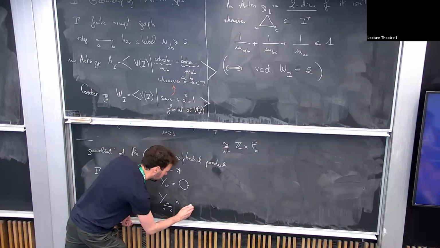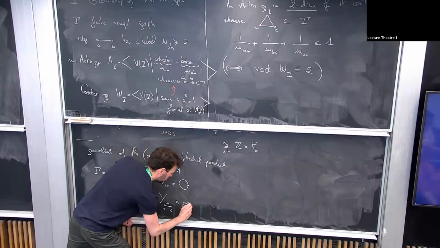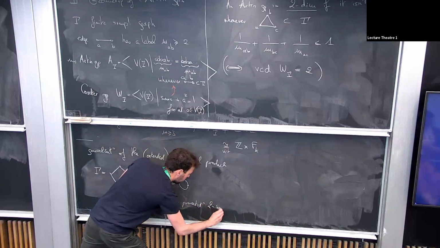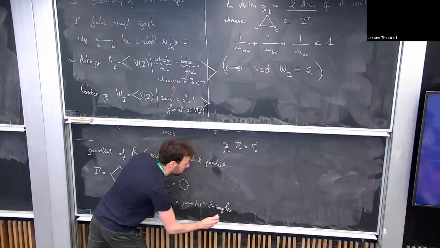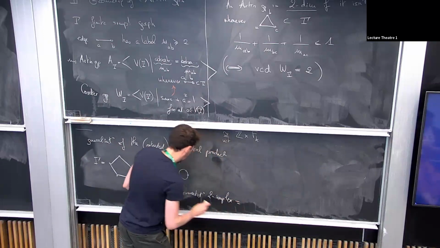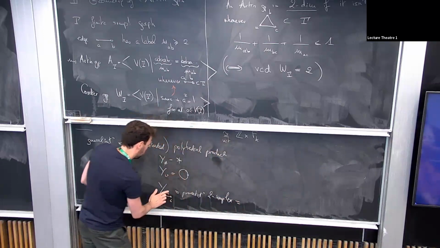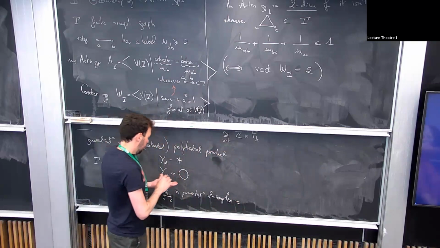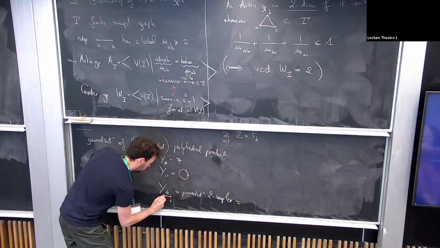So I'm just going to take the presentation 2-complex, which in that case is, let's say for simplicity m is equal to 4, so I can actually draw something. Red and blue.